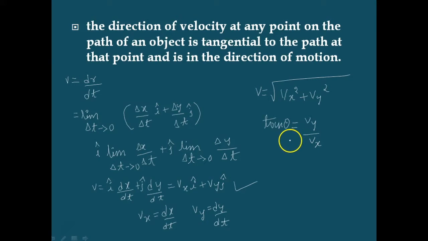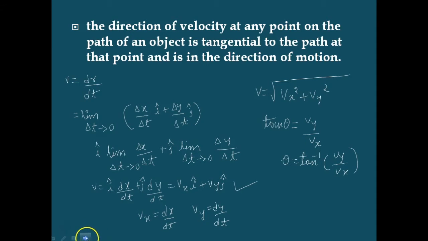The direction of v is given by the angle theta, which is tan inverse of Vy by Vx. So Vx, Vy and angle theta are the important parameters to find the magnitude as well as the direction.